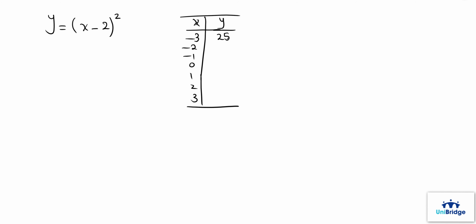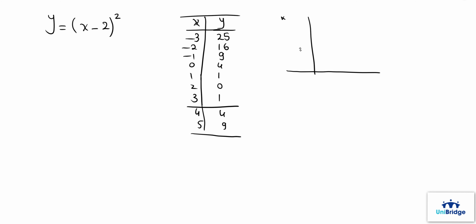When x is -2, y is going to be 16. So this is 9, 4, 1, then you're going to get here 0, 1, and maybe you can go down, you're going to get 4 and 9, and so on. So if you sketch this, with -3, 25, -2, 16, you'll find that your parabola looks like this.